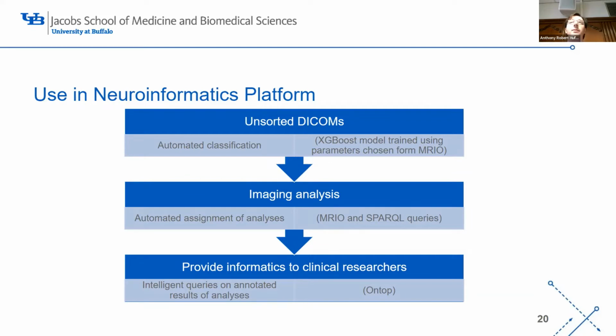We can do these kinds of analyses with it, and this is the kind of data that we get out of it. And then from there, we can pass it off to a database that stores all of that. And then we can do our queries on that using the Ontop software, which I'll talk about in a couple of slides, to provide clinicians and clinical researchers the ability to work with this data, access it, generate new hypotheses.